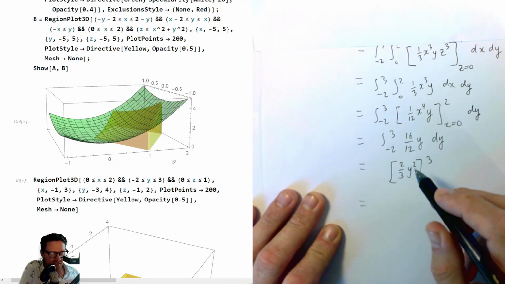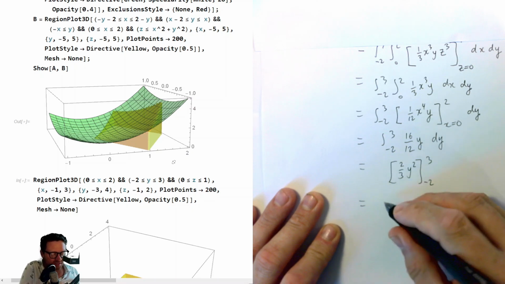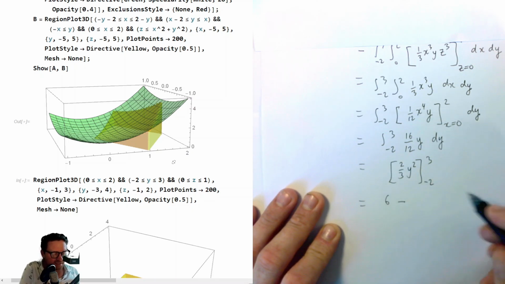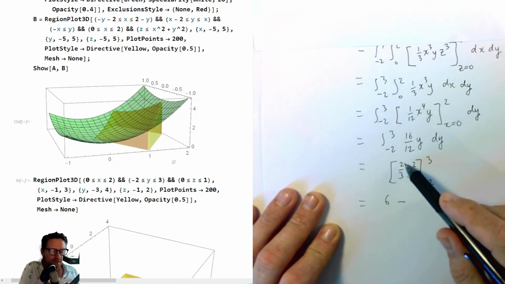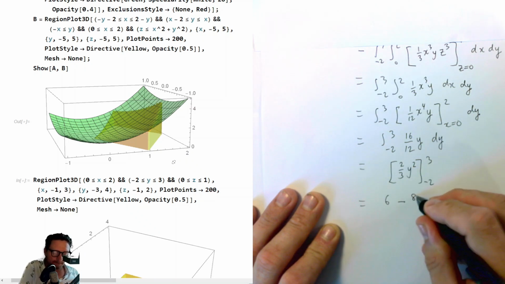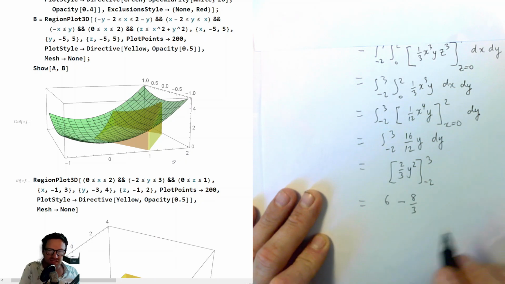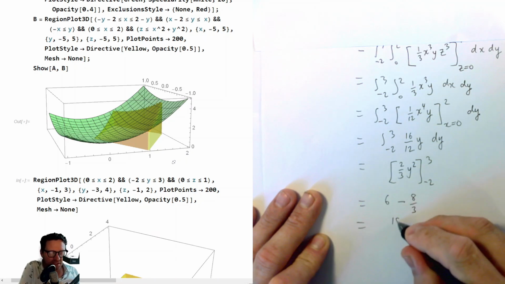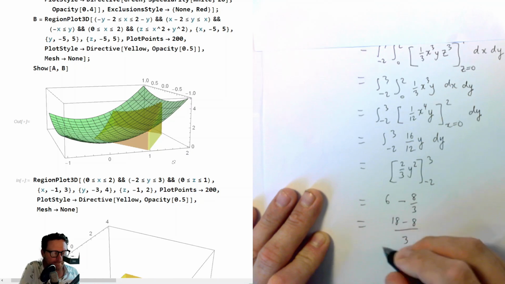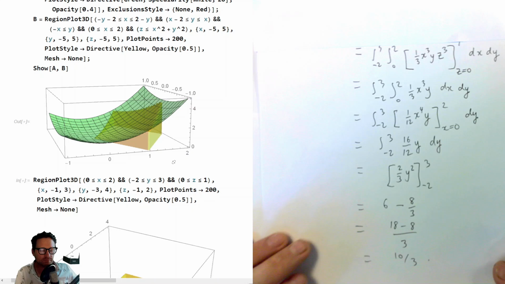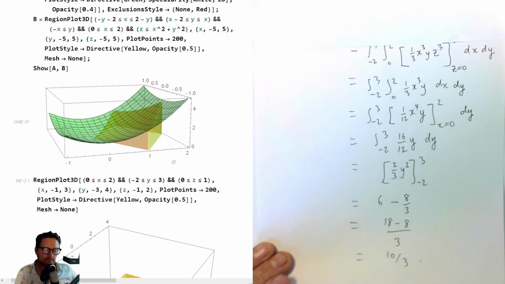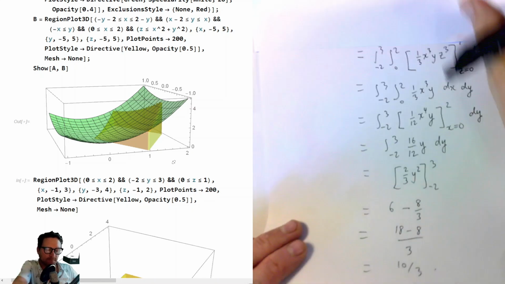So 3 squared is 9. 9 divided by 3 is 3, so that's 6 minus, now minus 2 squared is 4, so we have 8/3. So 6 is 18/3, and so we get 10/3. Okay.